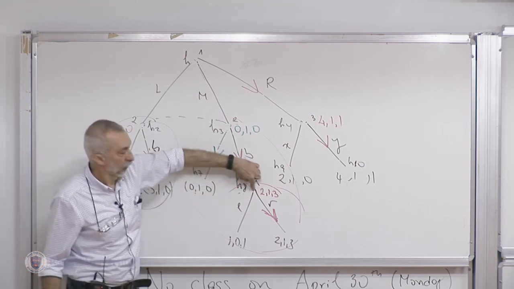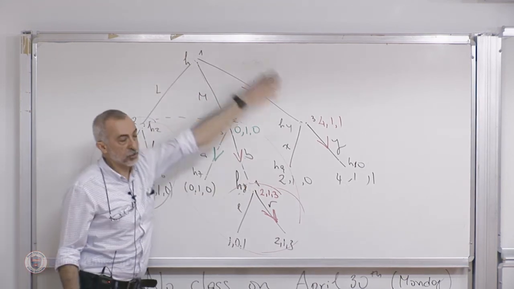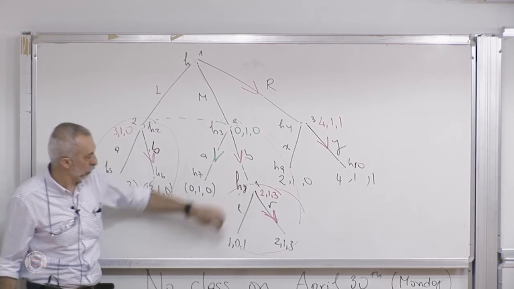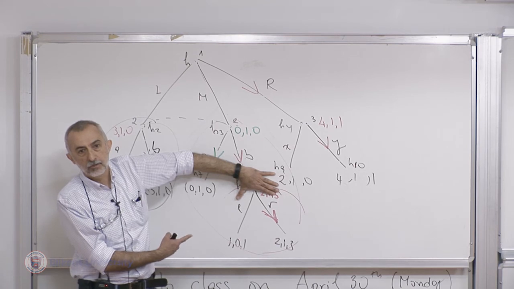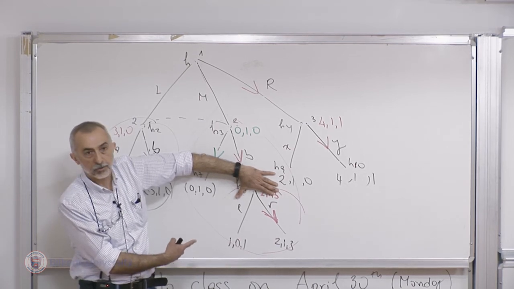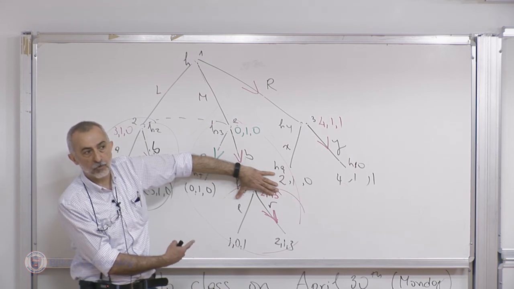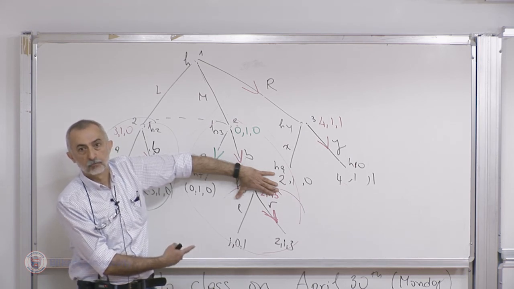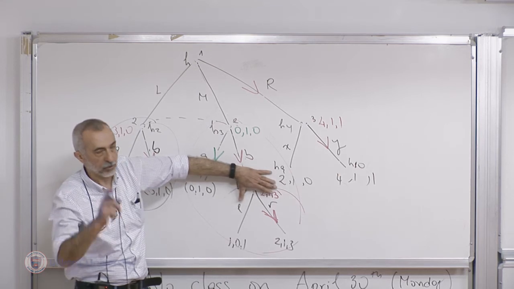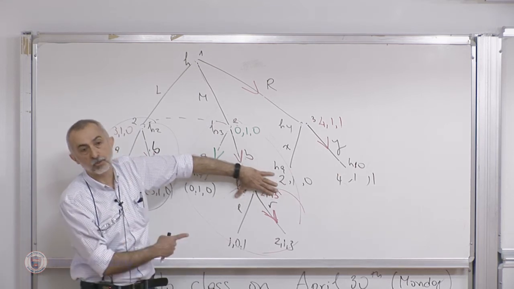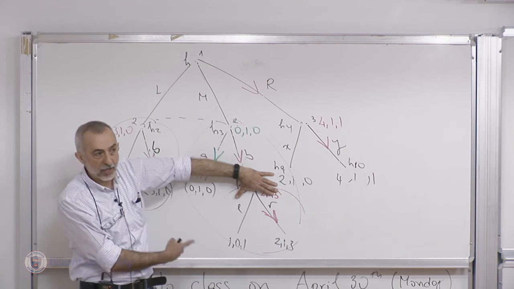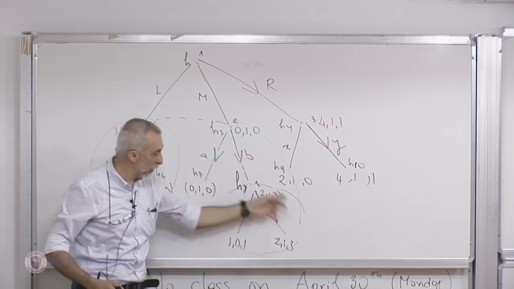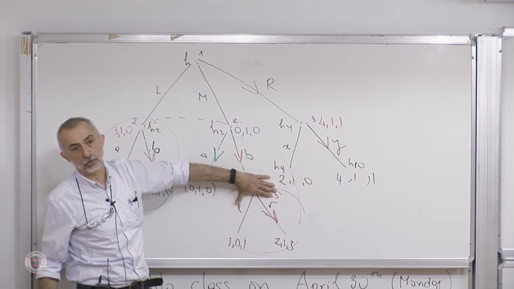So here, for this game to have a subgame perfect Nash solution, this game should have a Nash solution. But that's a one-person game. Nash solution of this game is a strategy which maximizes the payoff of player 1. So if there is an action which maximizes the payoff of player 1, then this game would have a Nash solution.